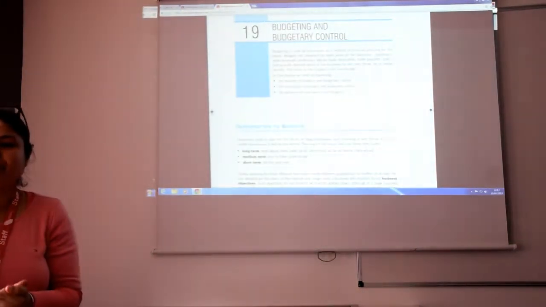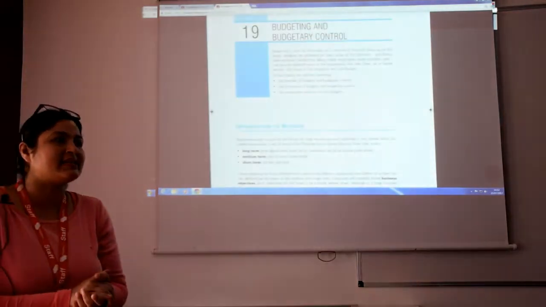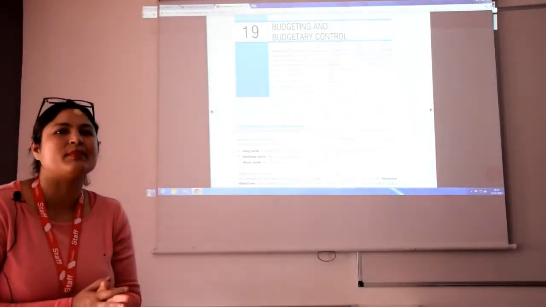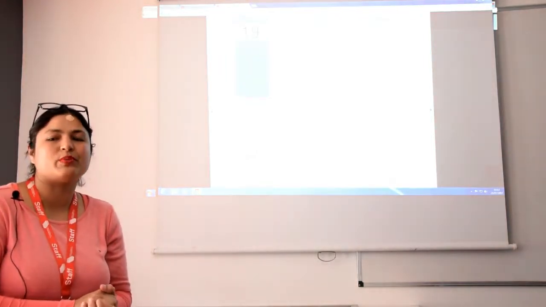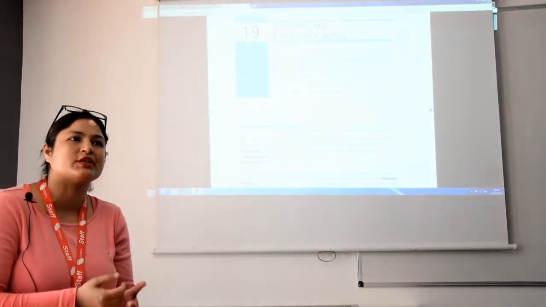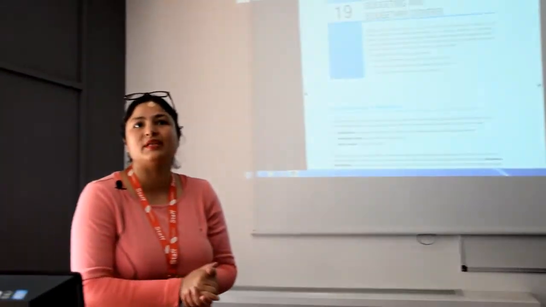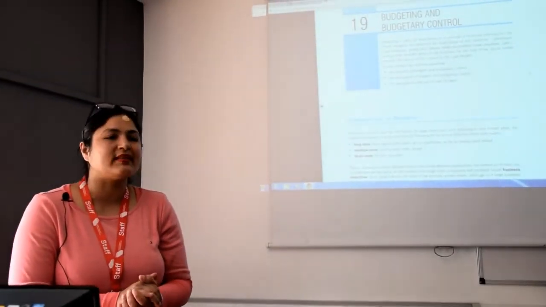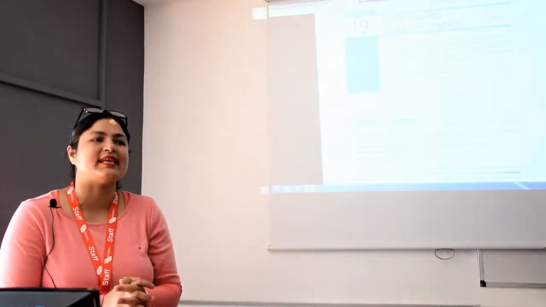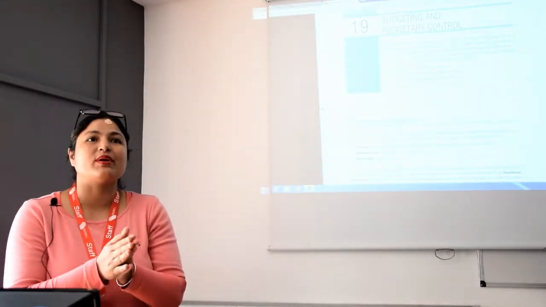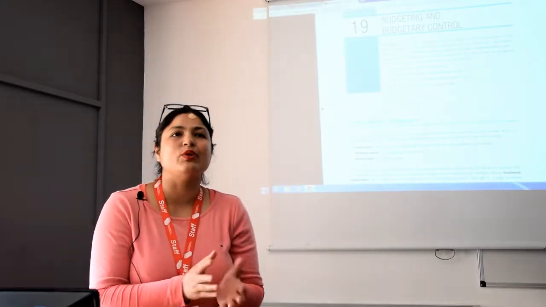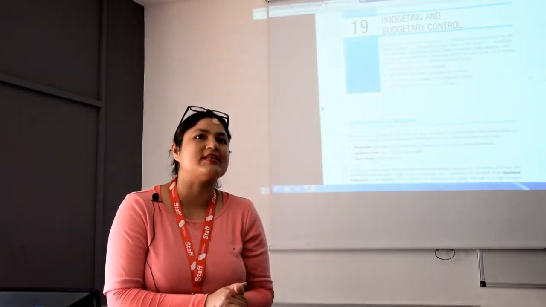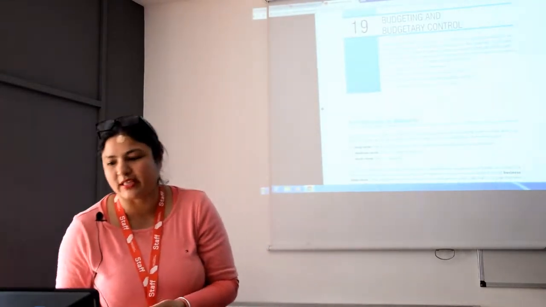Excellent. So if we define budgetary control, in some books, in some articles, you might see they are talking about financial control as similar to budgetary control. But the definition of budgetary control is when you compare the actual results with the budget results, look for variances, the differences, and try to find the reason for those differences.